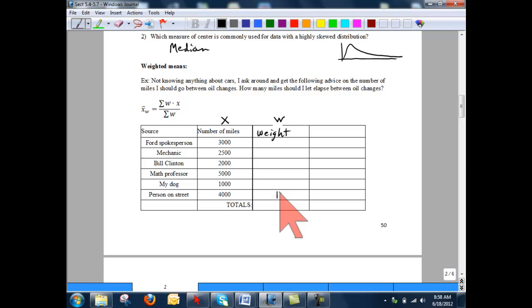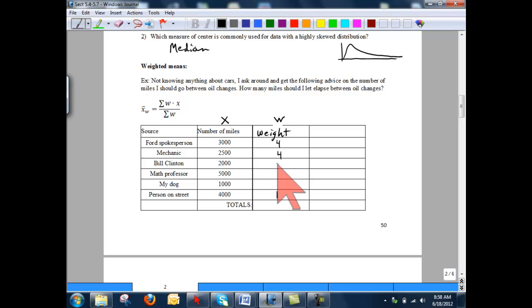So when I teach this course in class, I have students give their estimates of weights, and that's an interesting choice. Since this is a canned lecture, I'll choose. Compared to the person on the street, I might weight the Ford spokesperson 4 times as valuable of an opinion as the person on the street. And likewise, my mechanic, maybe 4.